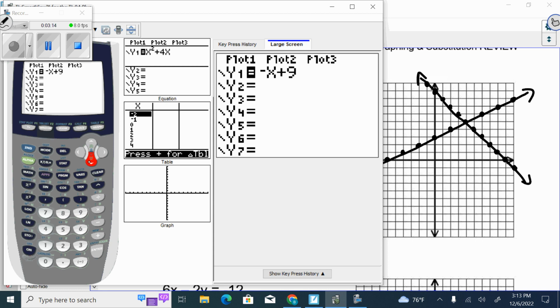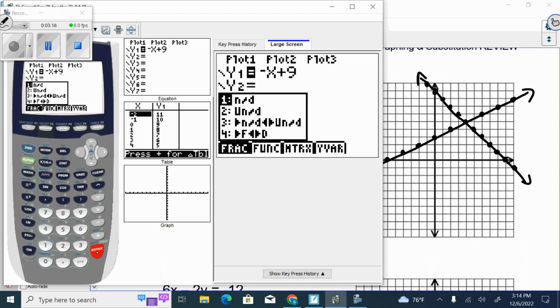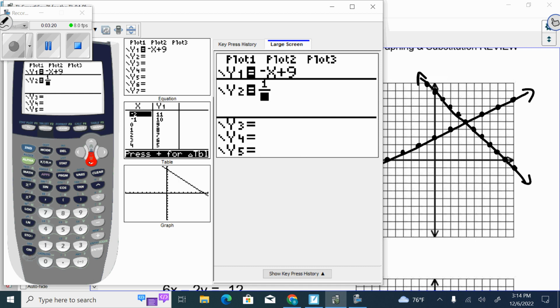And in y2, we'll put that second equation, which was 1/2 x plus 3. Okay, so once you have them both typed in, we just hit graph.